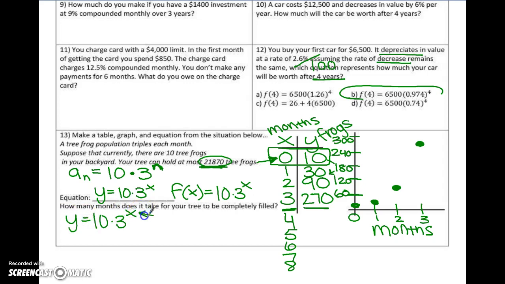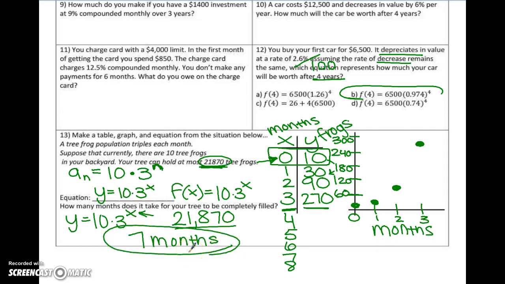You could plug in a 4, a 5, a 6, a 7, 8, and figure out when you are going to get either this number or a little bit more, because if you're getting a little bit more, it's going to be completely filled. So to do that, it's going to take 7 months. Again, you could have just kept going in your table and seeing when that happened.